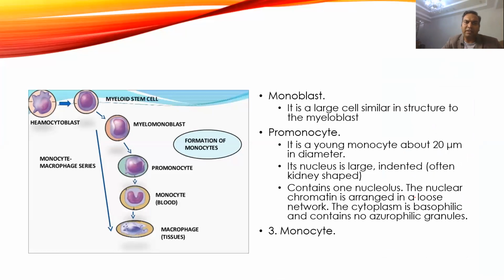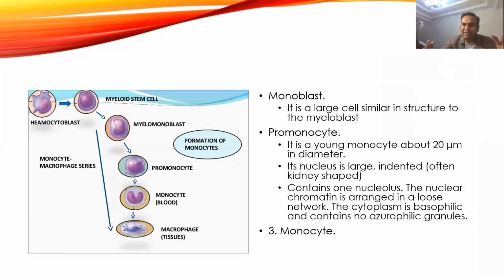Monocytes from the myeloid cell convert into myelomonoblast under the influence of colony forming unit M, and then from there it forms promonocytes, and from promonocytes it forms monocytes.